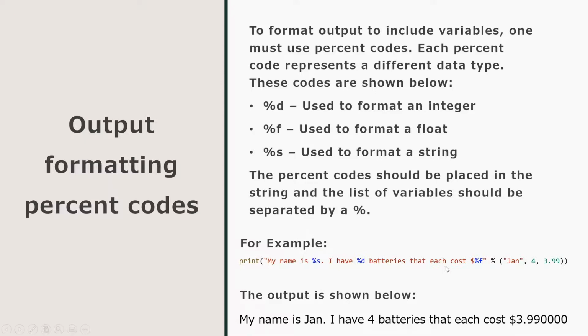So the first data in the parentheses will correspond to the first percent code. The second piece of data will correspond to the second one, and so on. If I were to run this line, I would get the output that's on the bottom of the screen: My name is Jan. I have 4 batteries that each cost $3.99 each. And that's generally how this works.